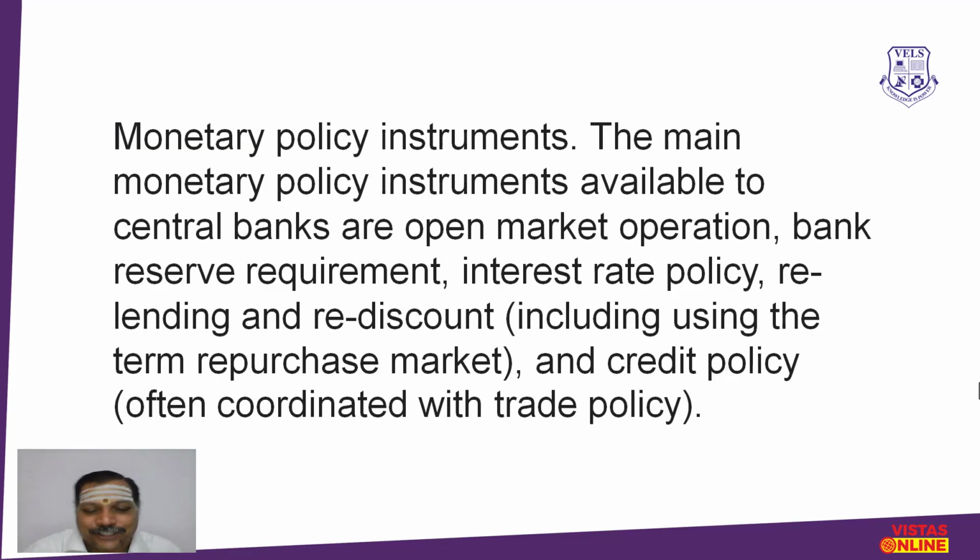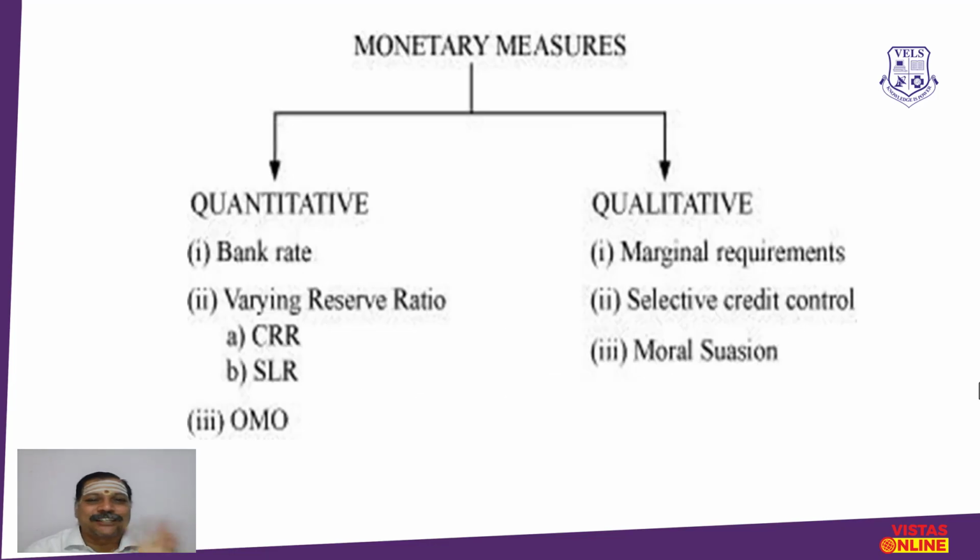We can classify the monetary instruments into two categories, which we call monetary measures. One is the quantitative one, another one is the qualitative one. Under quantitative ones are bank rate policy, varying reserve ratio, cash reserve ratio, statutory liquidity ratio, and open market operation.